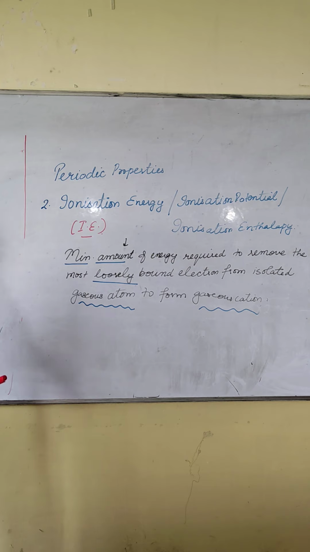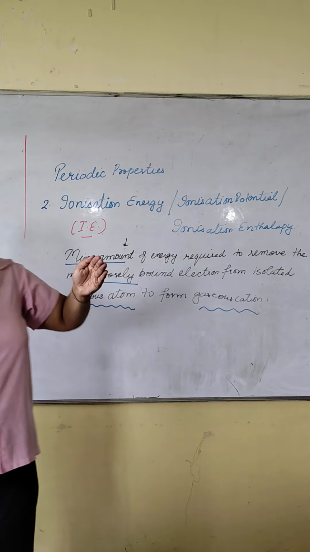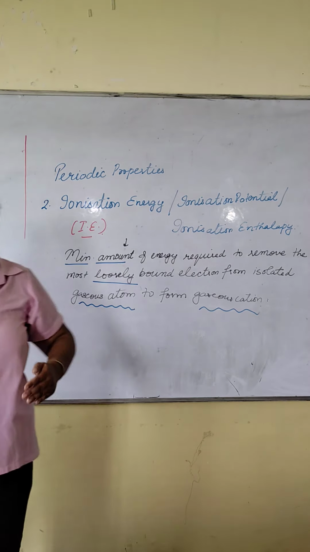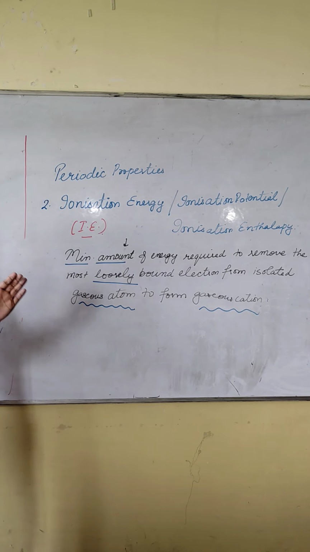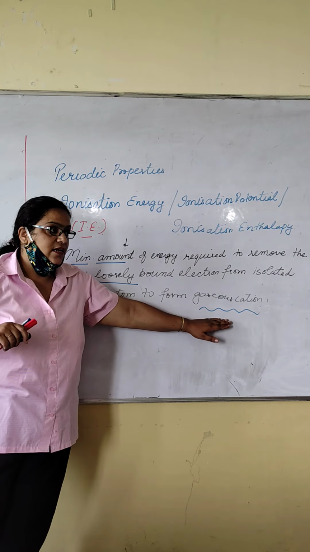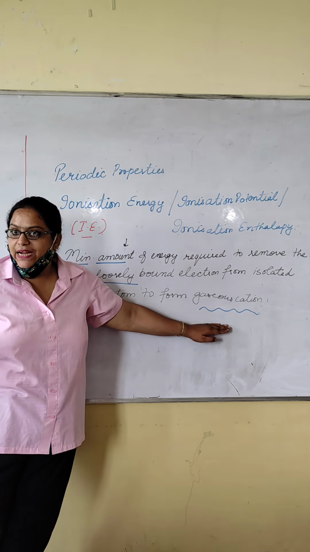What does it mean? It means how much energy is required to remove the valence electron. Valence electrons are those present in the last shell of a particular atom. When an electron is removed from a neutral atom, it will form a cation, which has a positive charge after the removal of the electron.